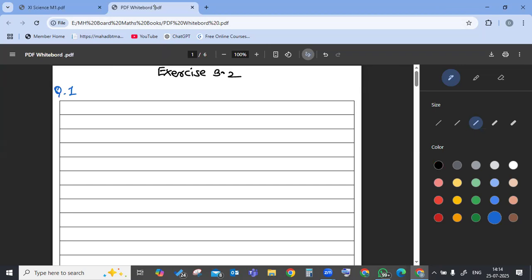Sine 690 degree. Now see, do some rough calculation. 360 into 2 is equal to what? 720.